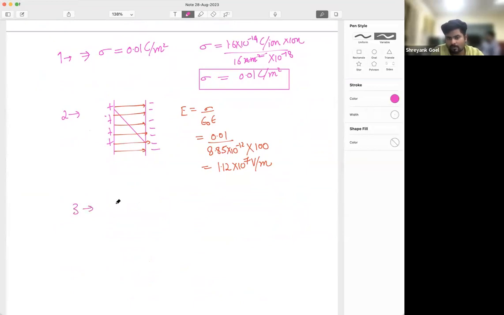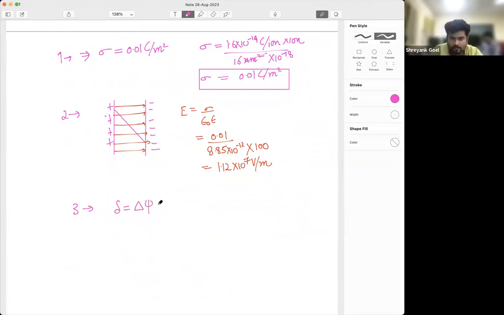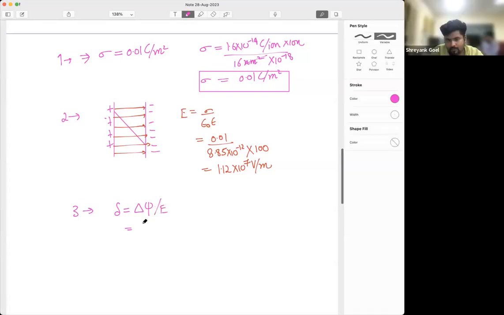For the third part, we need to find delta, that is, delta equals delta phi by the strength of the electric field, E. Delta is 5 into 10 to the minus 9, into E, which is 1.12 into 10 to the 7.